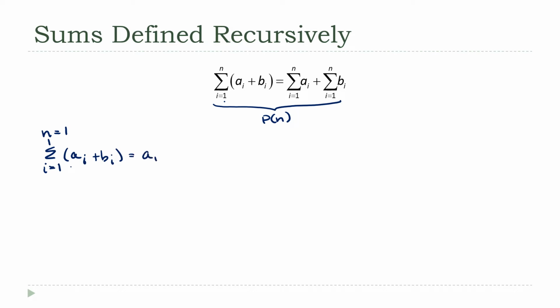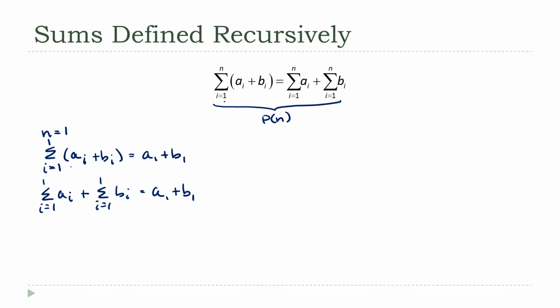And that is just a sub 1 plus b sub 1. And those are also the individual sums. The sum i equals 1 to 1 of a sub i plus the sum i equals 1 to 1 of b sub i is also a sub 1 plus b sub 1. That's the base step.